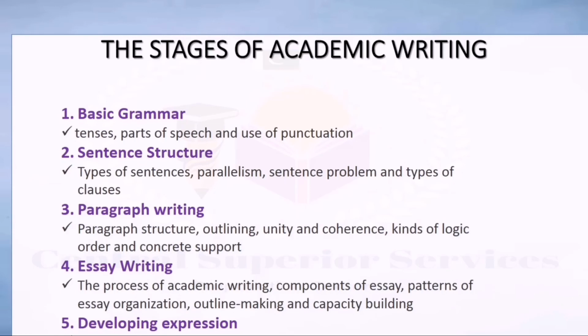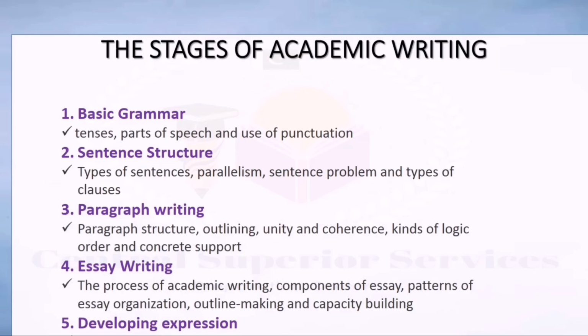The stages of academic writing are as follows. The first stage is basic grammar. You need to be well versed in tenses, parts of speech, and use of punctuation. And also you should have command over sentence structure, like types of sentences, parallelism, sentence problems, and types of clauses.